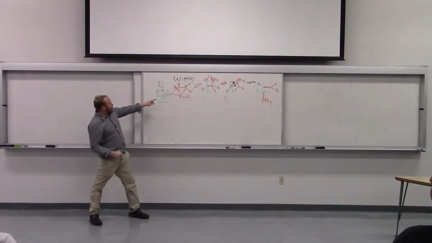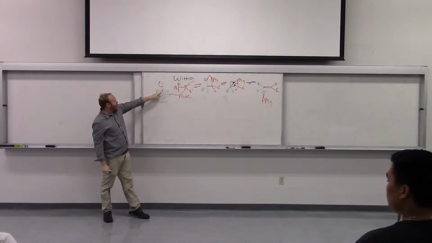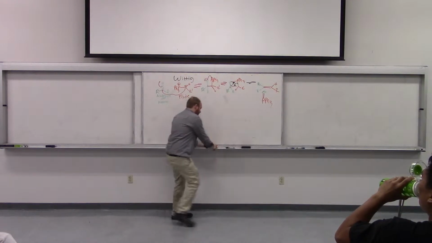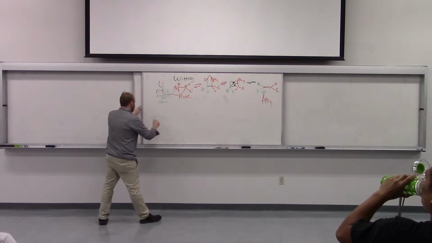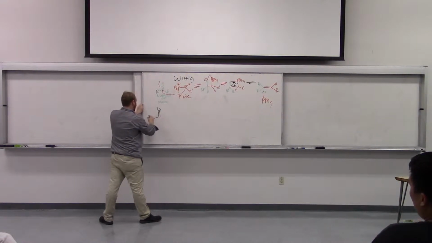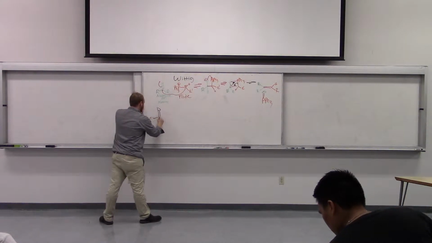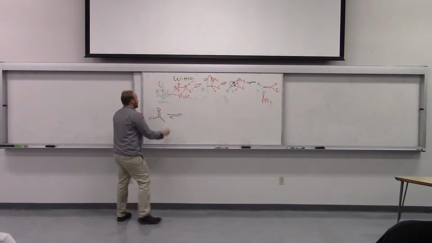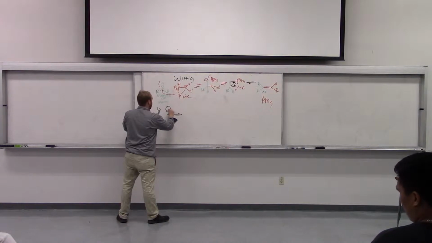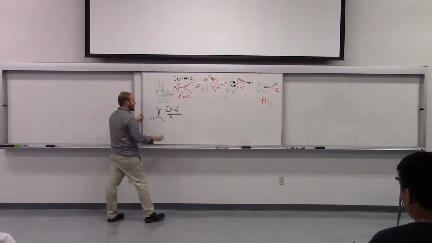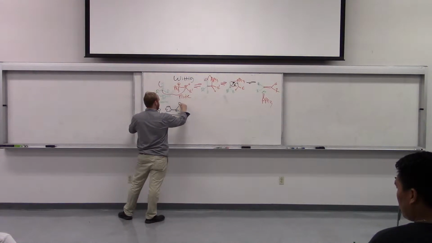So once again, we're forming a double bond where the aldehyde swaps its oxygen for the substitution on the ylide. Just to give you a quick example of what I mean, let's take acetone and let's take this benzyl phosphorylide.